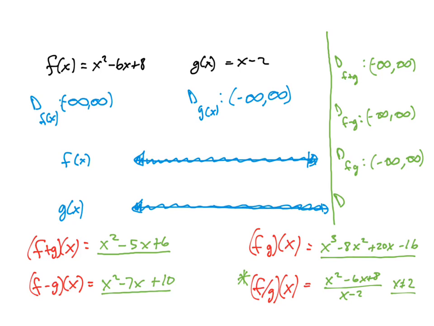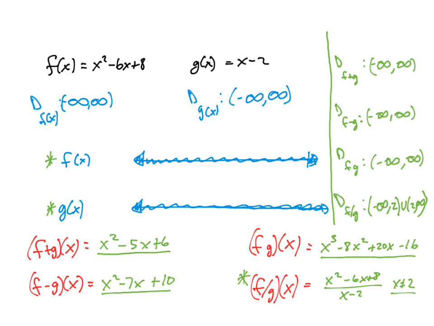So while the intersection of the domains of these two functions is all real numbers, when we combine these functions, there's a value that we cannot put into the function, and that value is 2. So the domain here is going to be -infinity to 2 union 2 to infinity. So everything except 2 there.